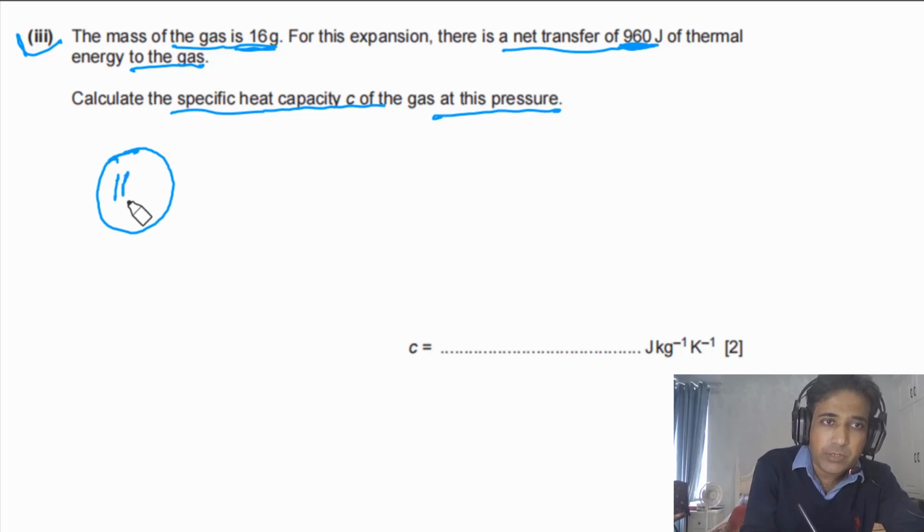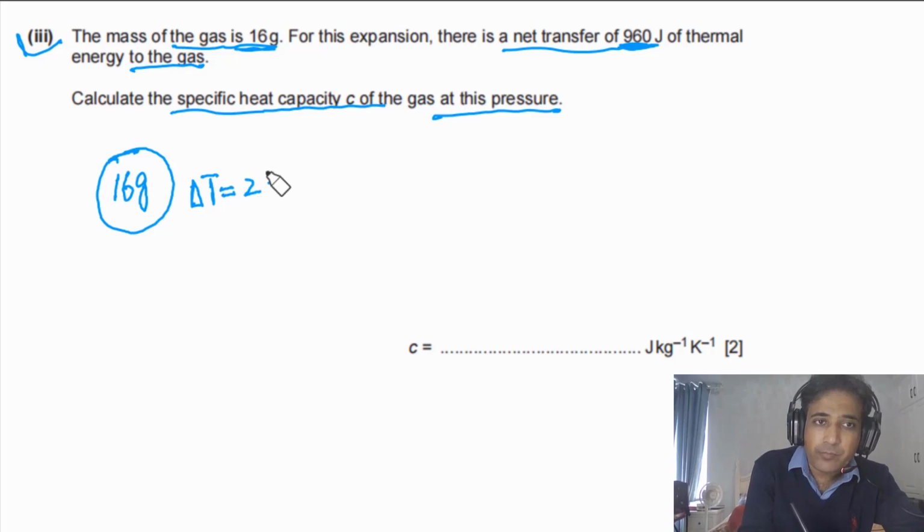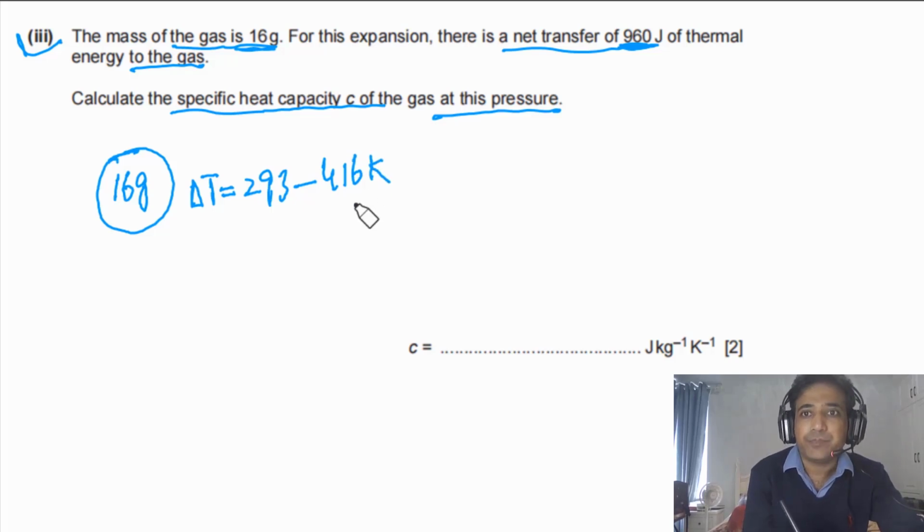So in this case we have gas, mass of the gas is 16 grams, and temperature of the gas, we have delta T. Temperature of the gas rises from 293 to 416 Kelvin, and mass of the gas we have, and value of Q we have.